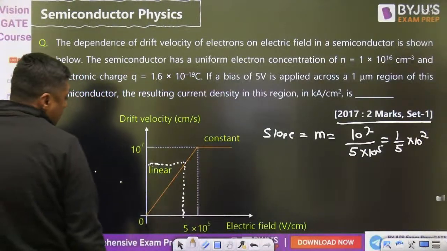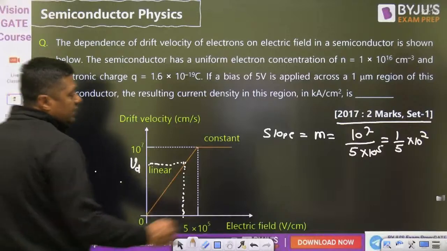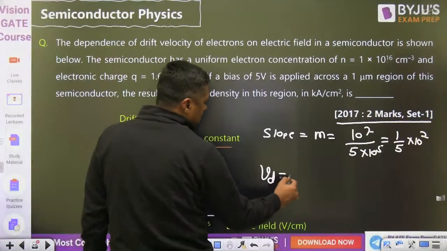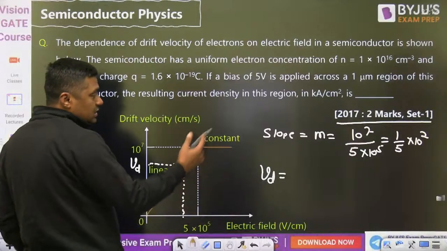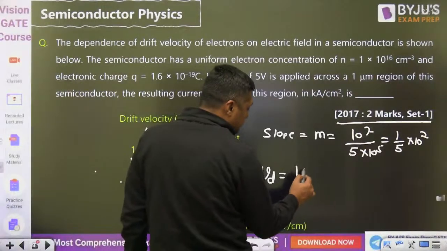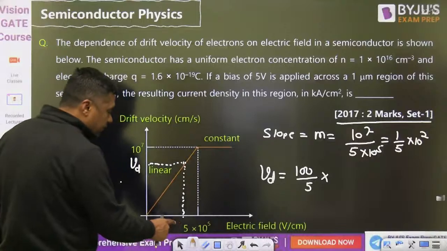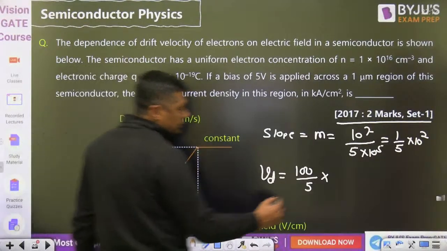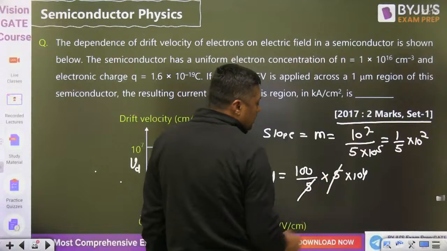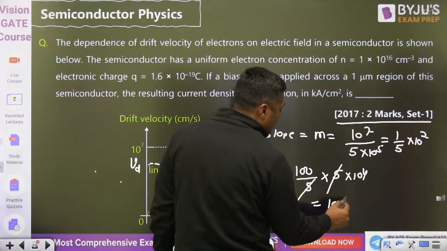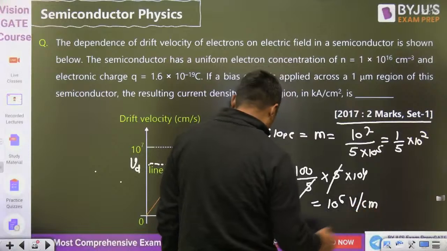Now exactly at this point, what is the drift velocity? You can find the drift velocity, that is given by slope into the electric field. So that is the slope. And what is the electric field at this point? 5 into 10 to the power 4. This cancels out.